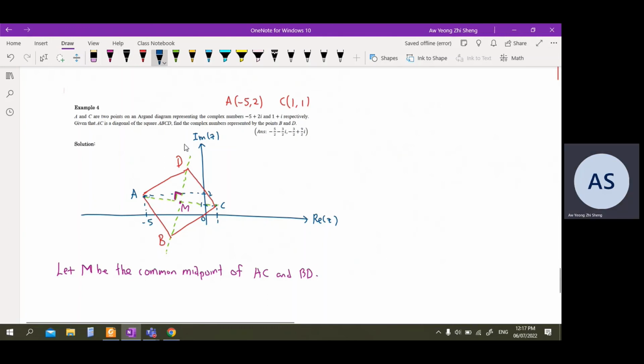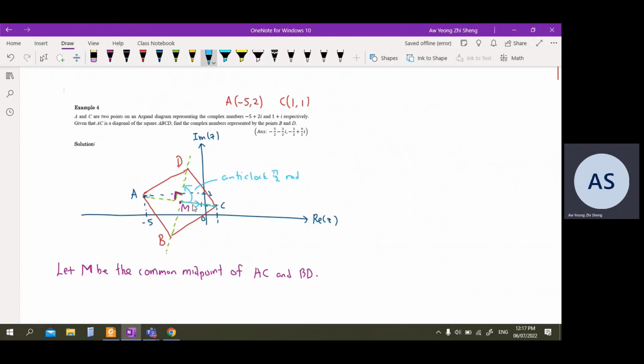So if I have the vector MC, I notice that once I rotate it by 90 degrees anti-clockwise, this is anti-clockwise rotation by pi over 2 radians, then I can get the vector MD conveniently.